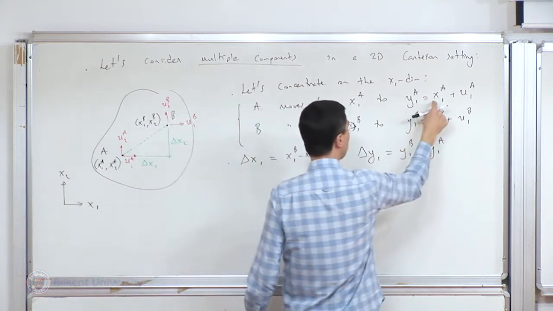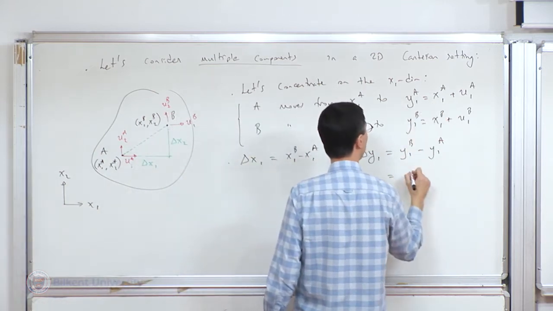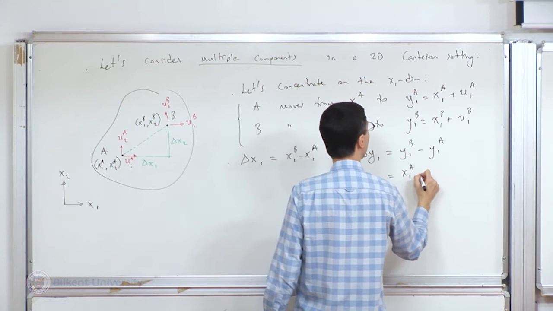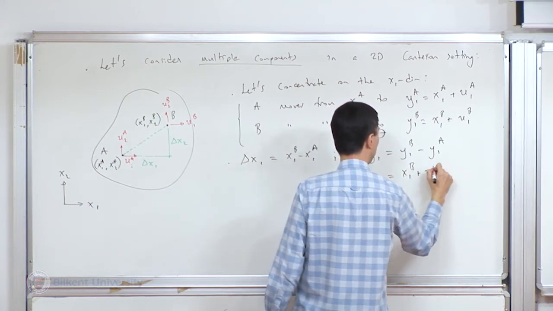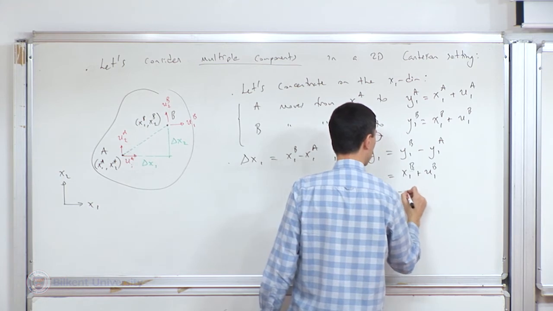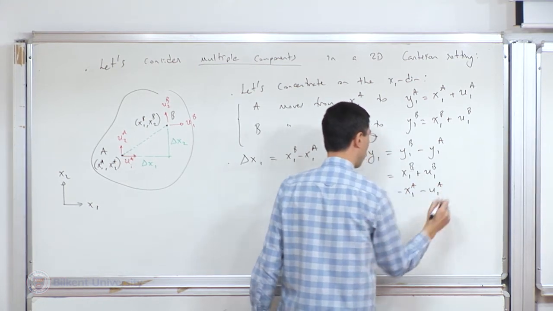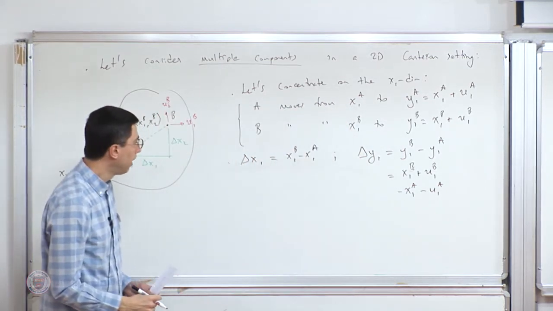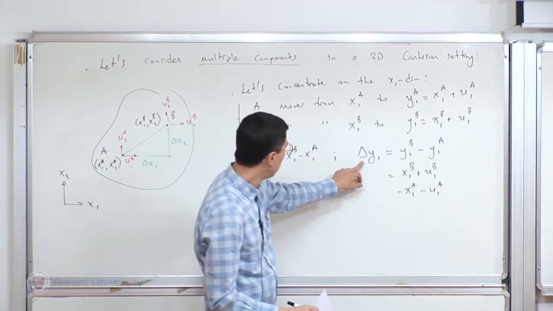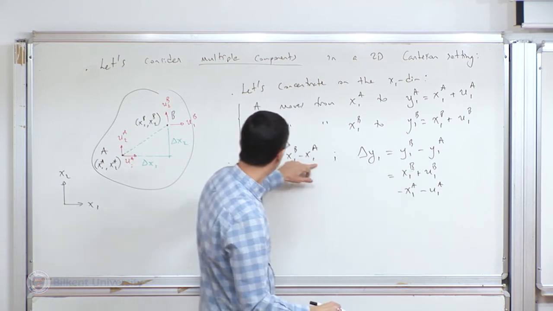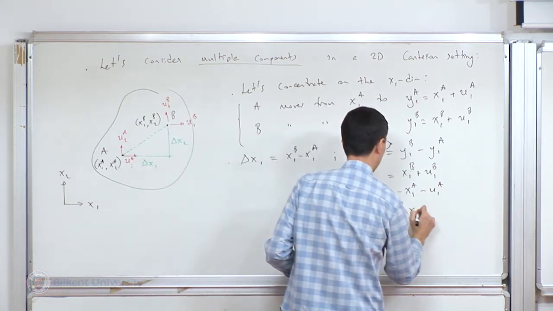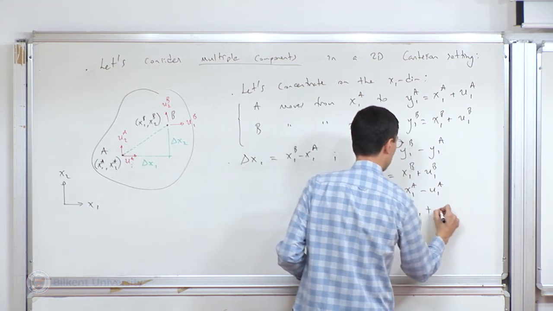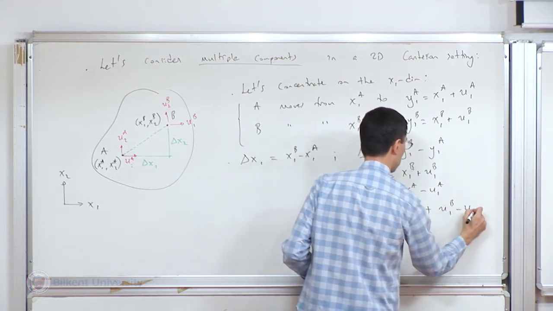So if I plug in these expressions, I have x1B plus u1B minus x1A minus u1A. And so I have delta y1 is delta x1 plus u1B minus u1A.